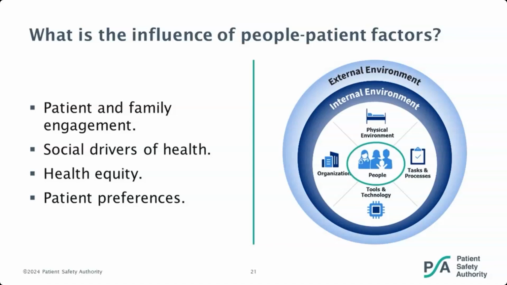And then social drivers of health. Of course, the list of these is huge, but some examples are what access to care the patient has had prior to coming in for their delivery. What barriers did they face in just having their basic healthcare needs met? Health equity. We like to ask, are we capturing data related to health equity when we debrief or do an RCA?